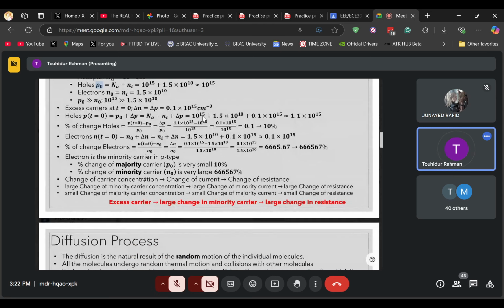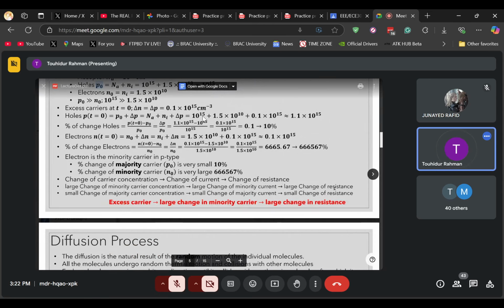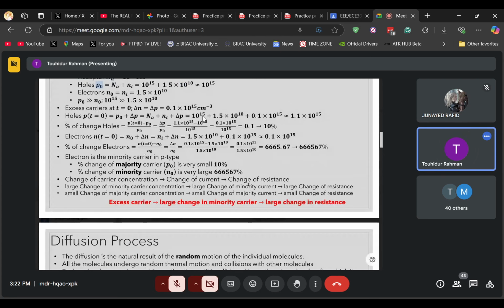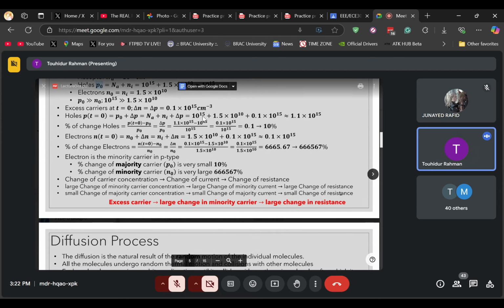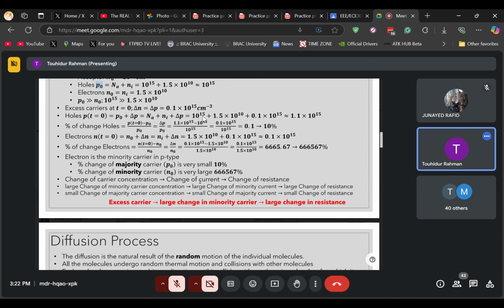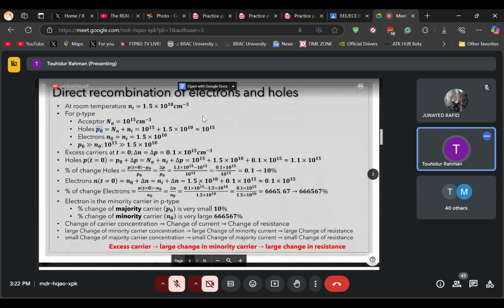So the change of resistance will happen mainly due to the change of minority carrier, while the resistance will change only by a very small fraction due to majority carrier. This is the summary from this slide.